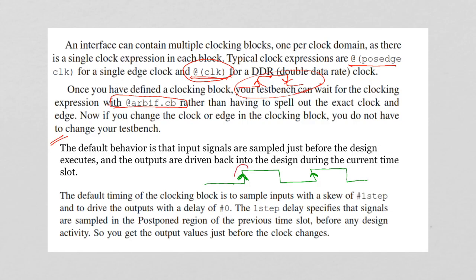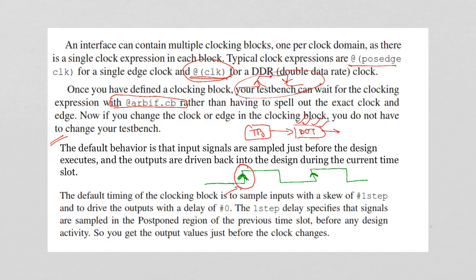So during the current time slot itself, the outputs should be driven into the design. Outputs of the clocking block, that means outputs of the test bench, should be driven into the design during the current timing slot. The outputs of the test bench are given to the DUT and some operations are performed in the DUT.